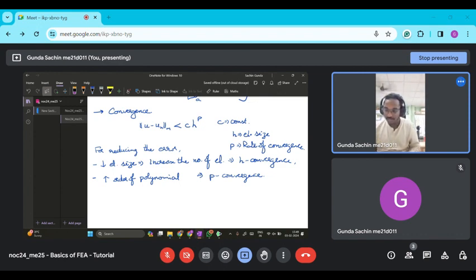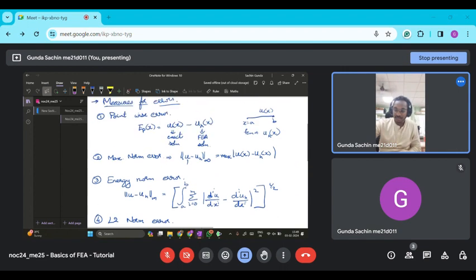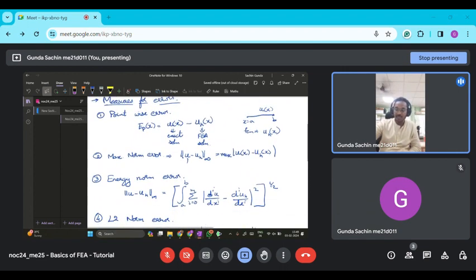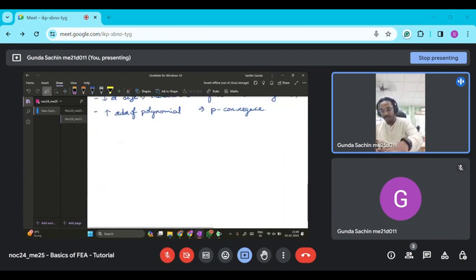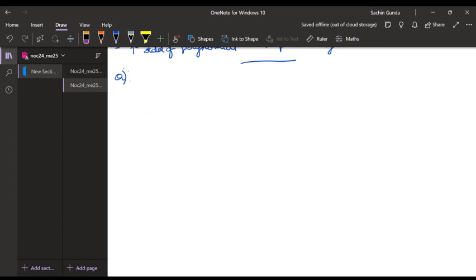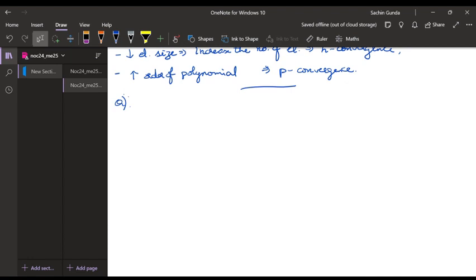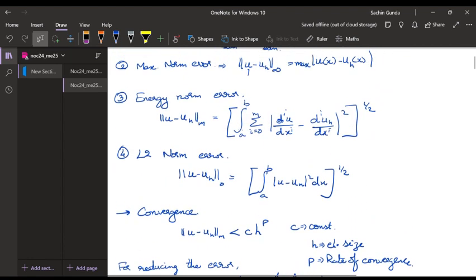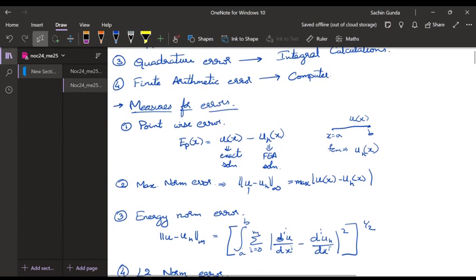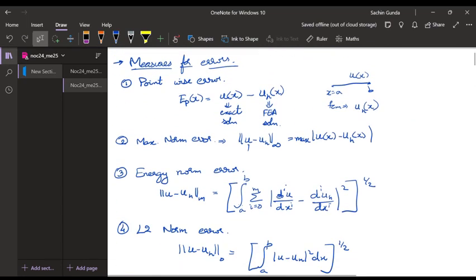For today's tutorial, we will solve a problem and find different types of error estimations in this problem. We will look at how to find errors for the problem which we solved in the previous tutorial.